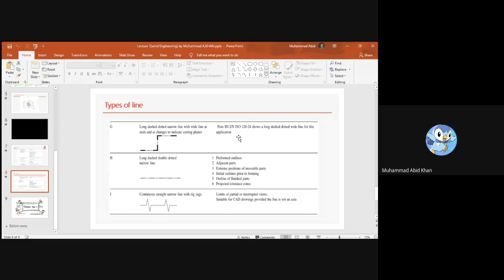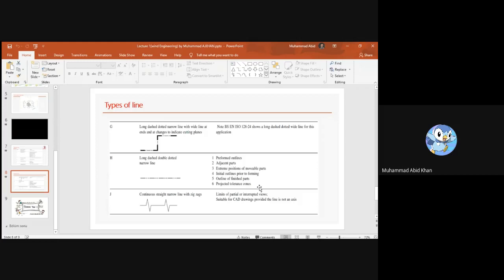Okay, in example H, long dashed double dotted narrow line. Where are we using this line? The uses are: outline of an adjacent part, extreme position of a movable part, initial outline prior to forming, outline of a finished part, and projected tolerance zone.